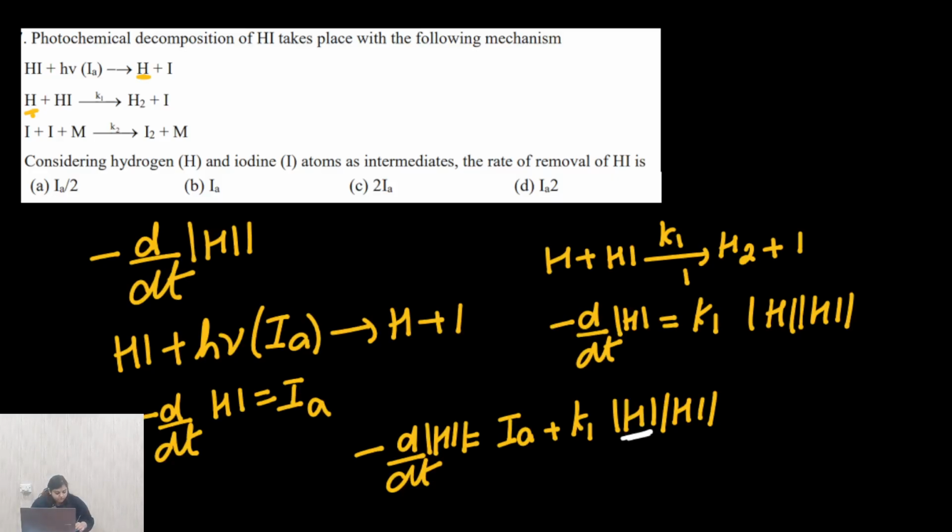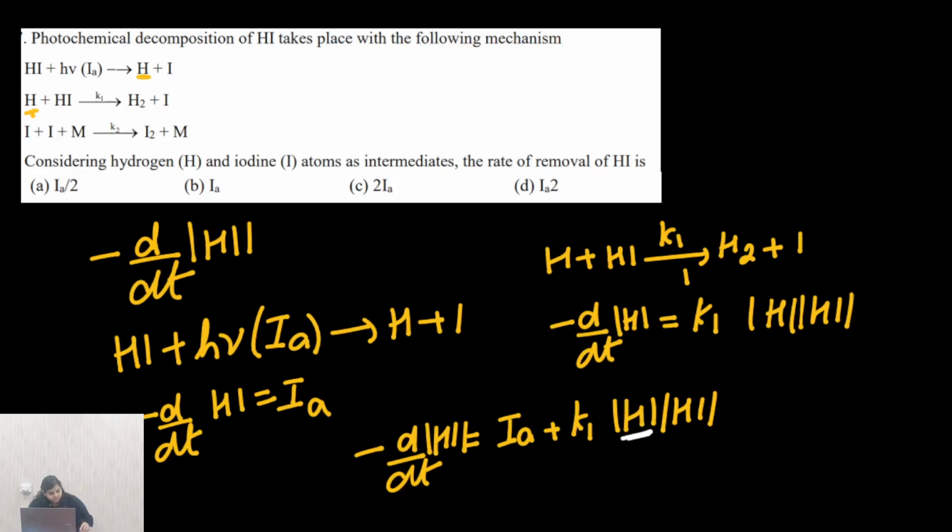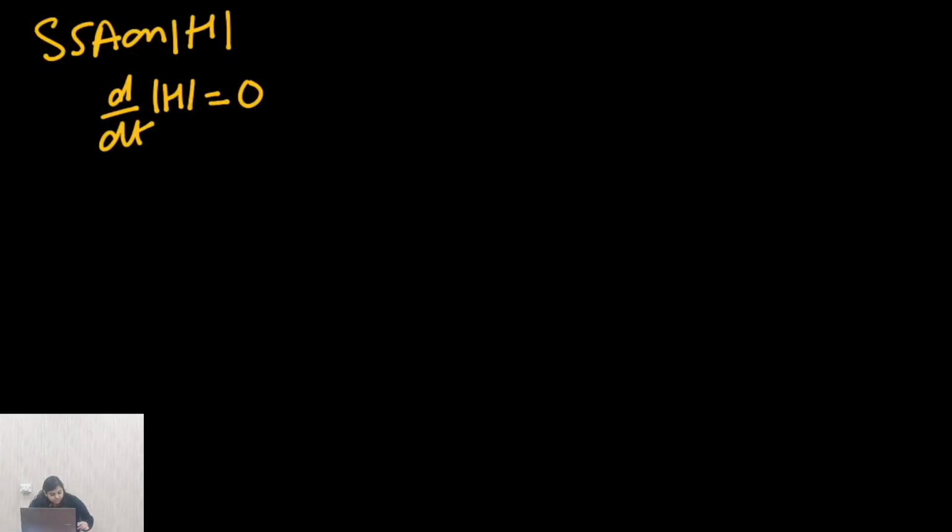So for that, we apply SSA on the hydrogen atom. For this, d by dt of H will be equal to 0, right? In the first reaction, HI plus I absorbed gives you H plus I.